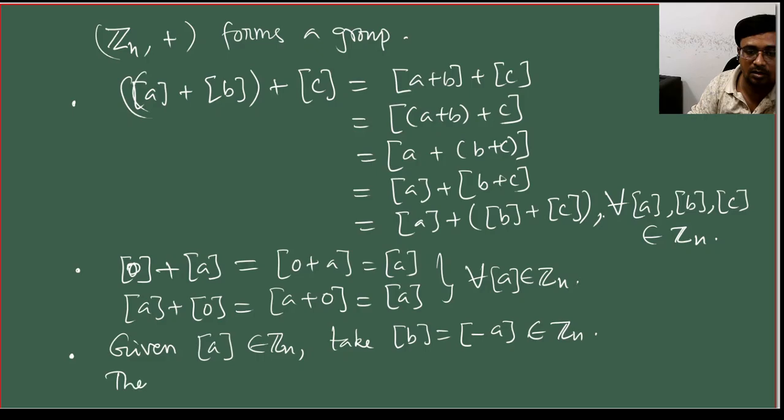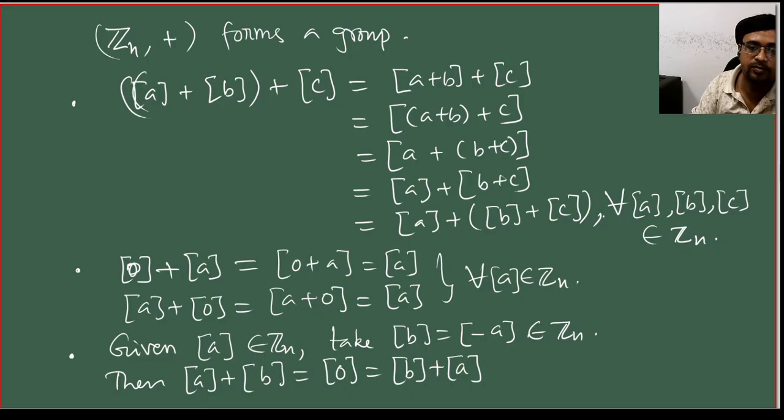Then class of a plus class of b is nothing but class of 0, and class of b plus class of a is also class of 0, because I have taken b to be minus a. So therefore every element admits its additive inverse inside Zn. So therefore Zn with this addition satisfies all the axioms of a group. This is a group.